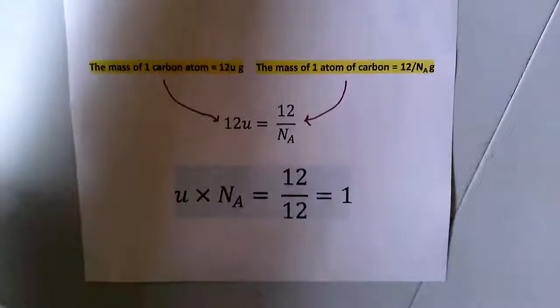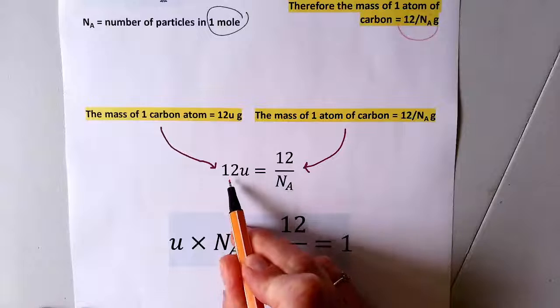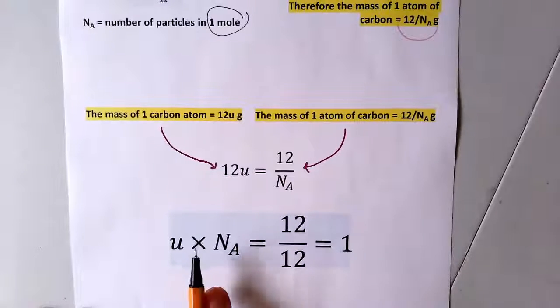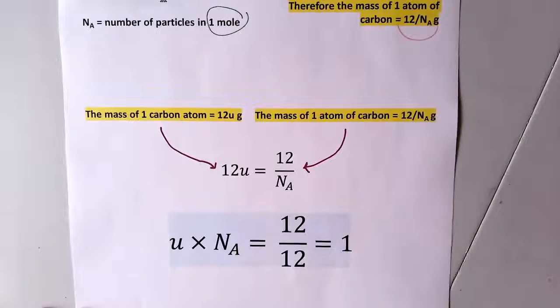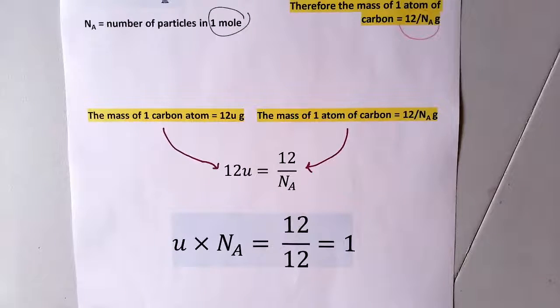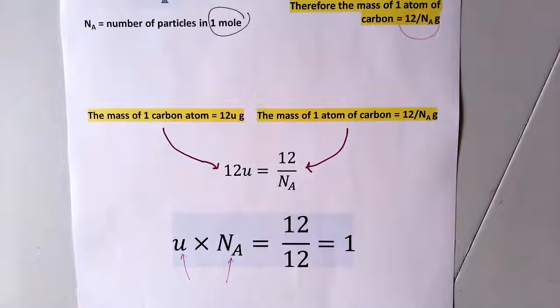I can then do some rearranging. I'm going to pull N_A up and I'm going to pull this 12 down. So I've got u multiplied by N_A must equal 12 over 12, which we know is 1. The product of the atomic mass unit and Avogadro's number is 1.